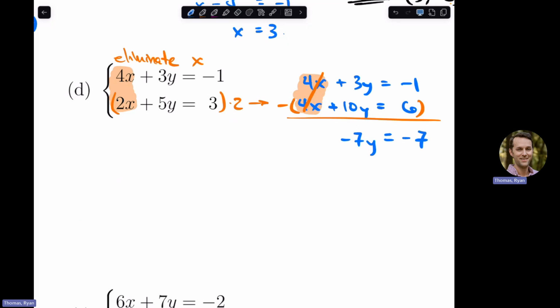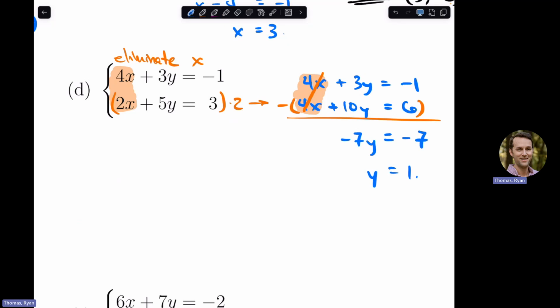It's probably worth it there to pause, go slowly, grab a calculator if you need to. That's fine. It's better to be sure here than to go quick and get it wrong. So y is 1 then.